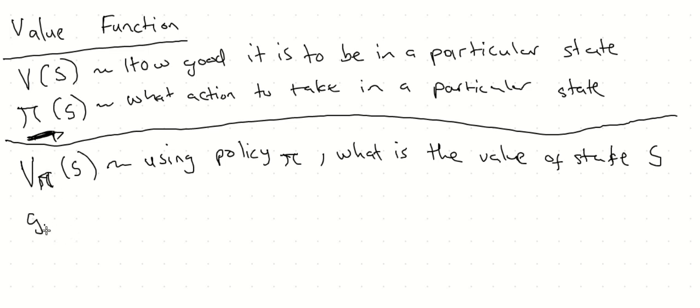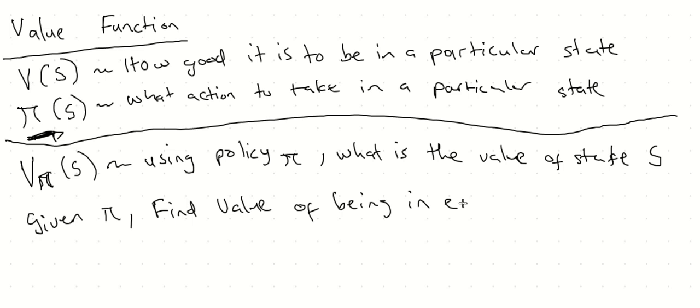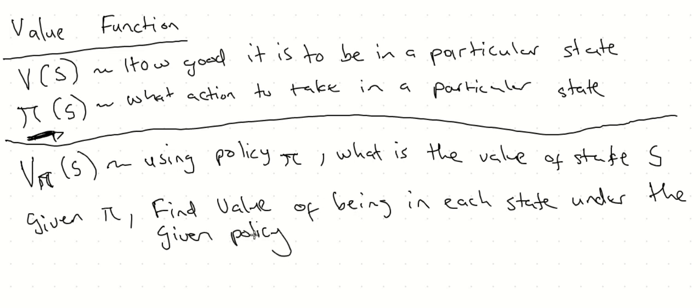So you're given pi, right? And you're trying to find the value of being in each state under the given policy. Okay, that's the idea here. So under the given policy, you're trying to find the value of being in each state. That's what v pi actually ends up being here.